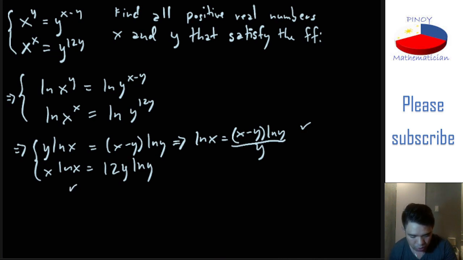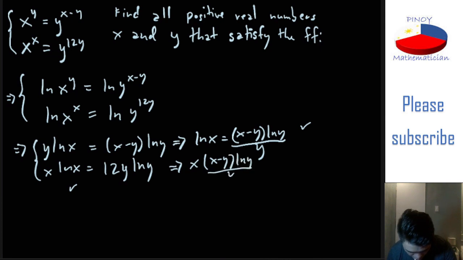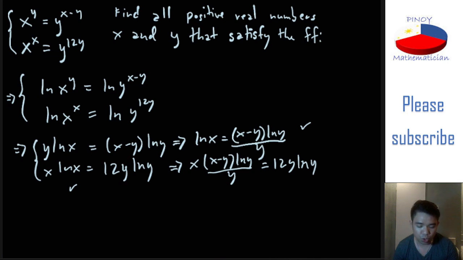So the ln x becomes x minus y ln y over y, equals 12y ln y. We just substitute based on what we have solved on top.